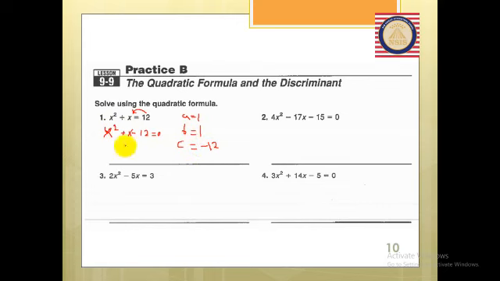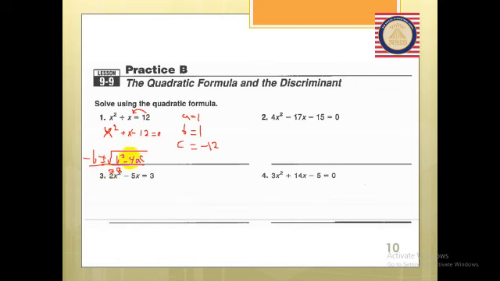Then I'm going to use the quadratic formula. What's my quadratic formula? Negative b plus or minus square root of b power 2 minus 4ac over 2a.